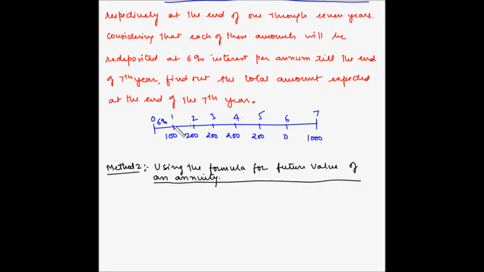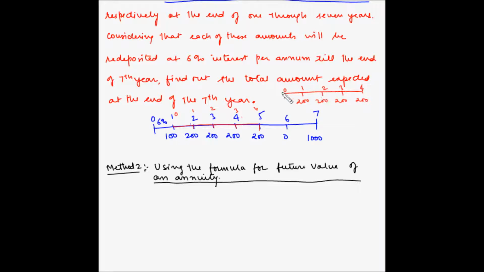So we can take this portion out of this time scale and consider this as 0, 1, 2, 3 and 4.